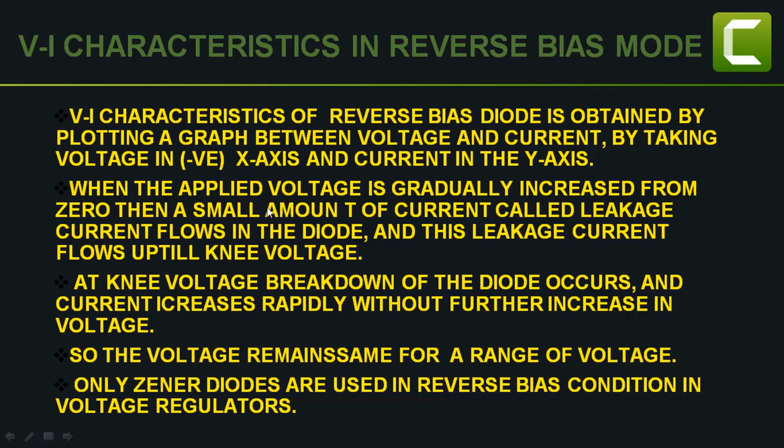When the applied voltage is gradually increased from zero, then a small amount of current called leakage current flows in the diode, and this leakage current flows up till the knee voltage. At the knee voltage, breakdown of the diode occurs and the current increases rapidly without further increase in voltage. So the voltage remains the same for a range of voltage. Only Zener diodes are used in reverse bias condition in voltage regulators.